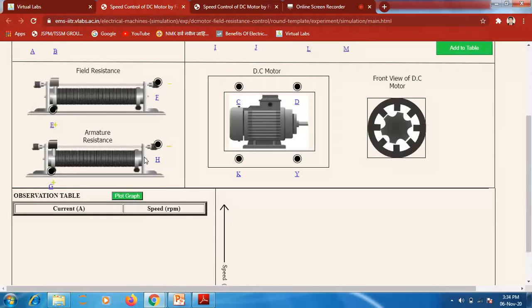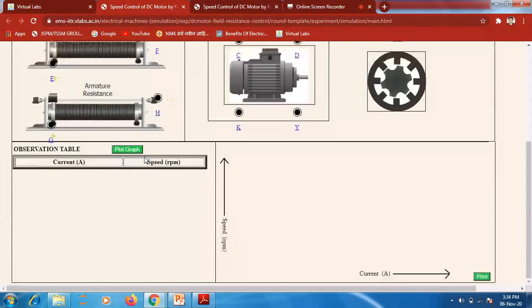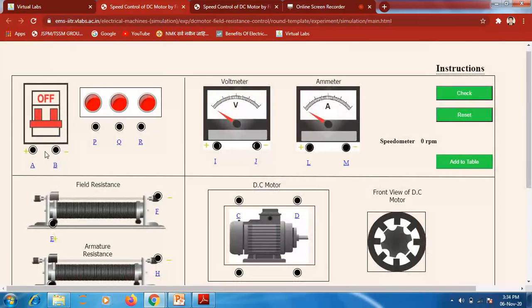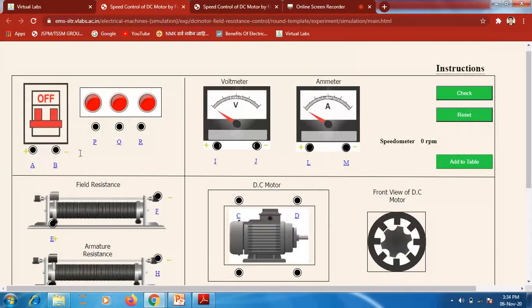Then one window will open in a separate tab. This is the actual virtual connections page, where you have to make all the circuit connections. We all know that there is a procedure to connect the points, and you will get the connections from here.